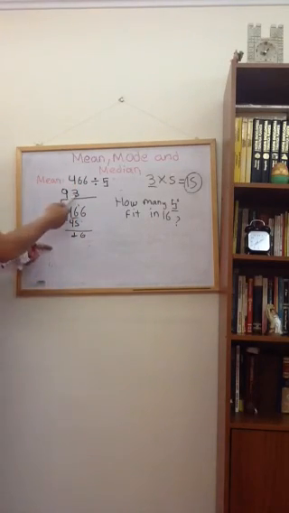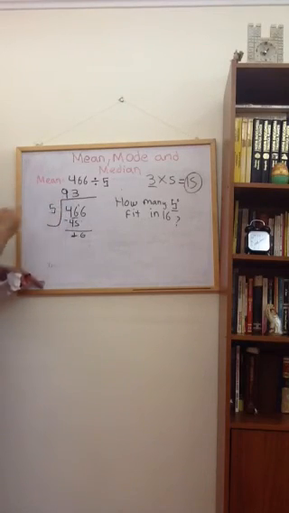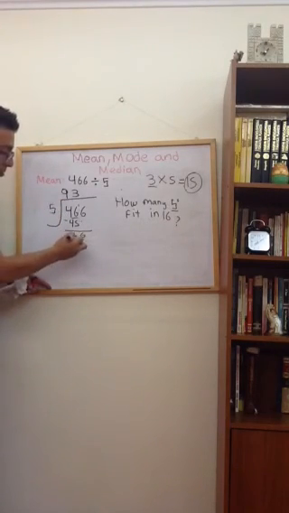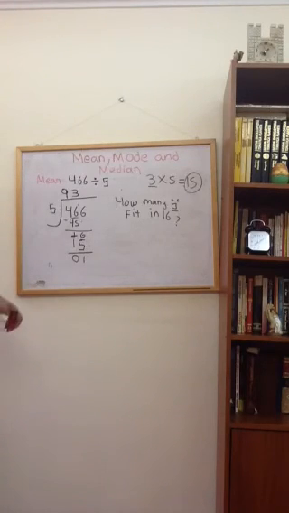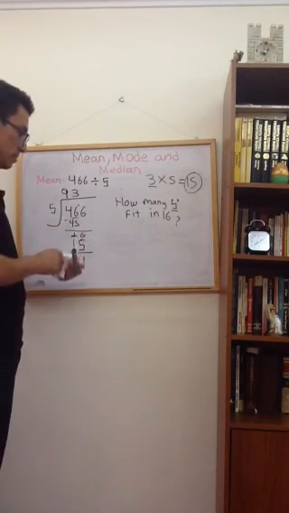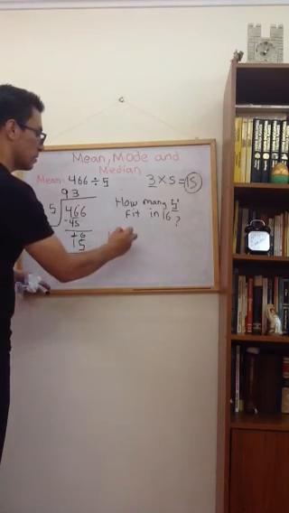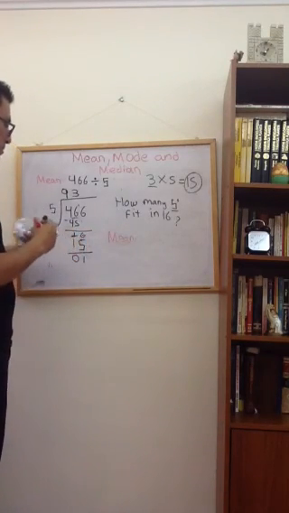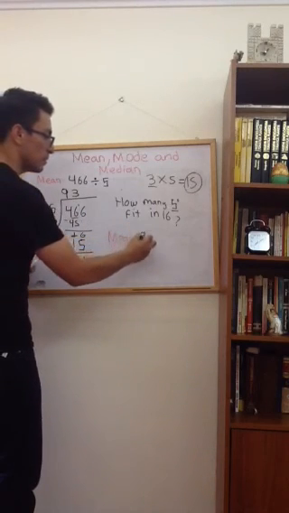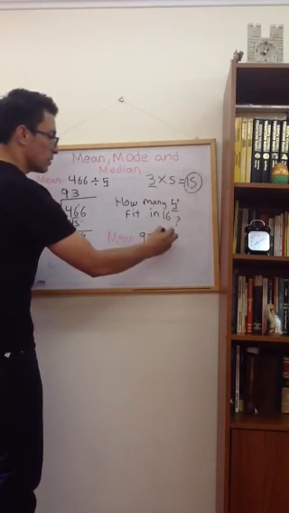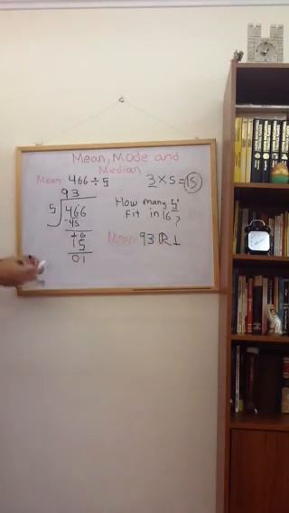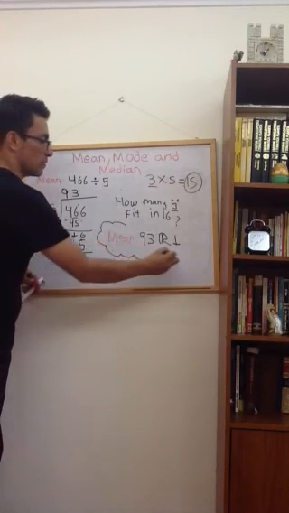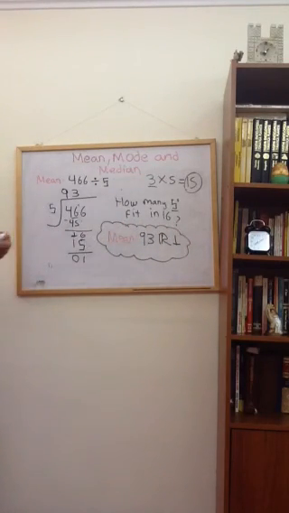Then we multiply this by this. 3 times 5 is equal to 15. Yes. And this is equal to 1. Alright? So the answer for the mean is 93 remainder 1. Alright?